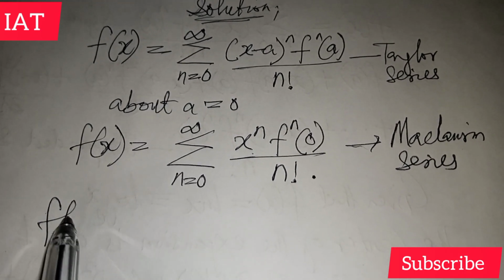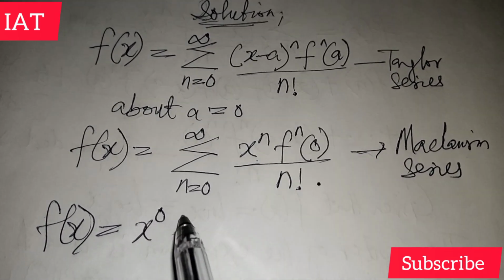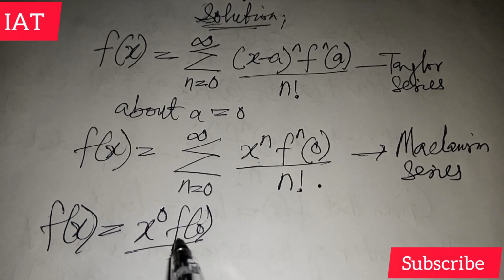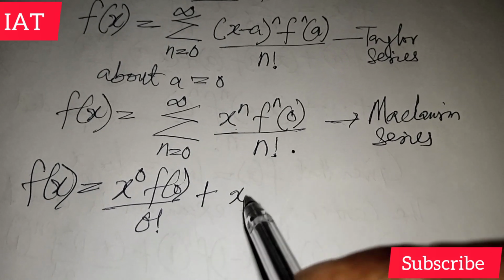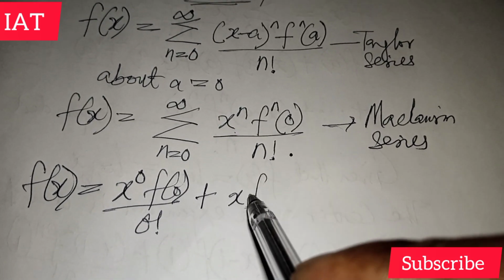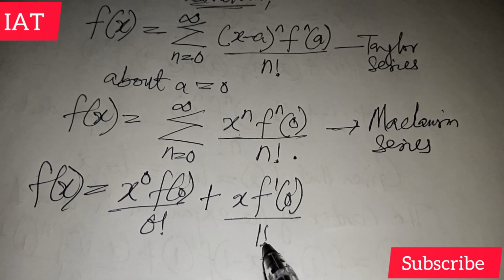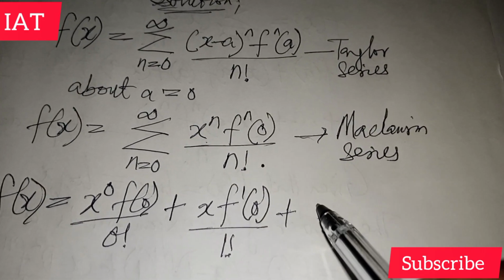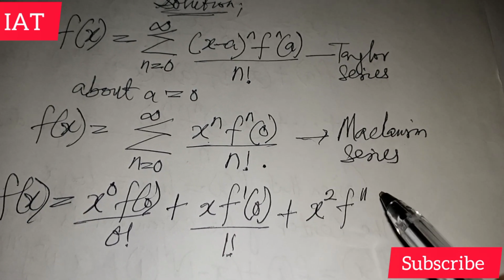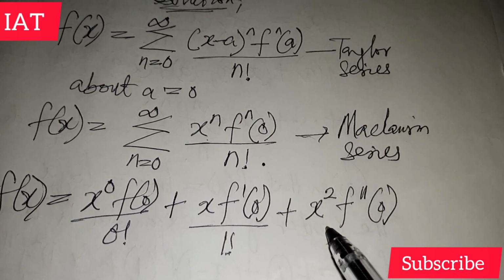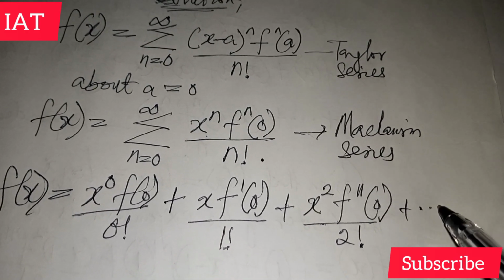You say that f of x is equal to, you start with x to the power of 0 times f of 0 all over 0 factorial, plus x to the power of 1 with the first derivative over 1 factorial, plus x to the power of 2 with the second derivative over 2 factorial, plus ellipsis.